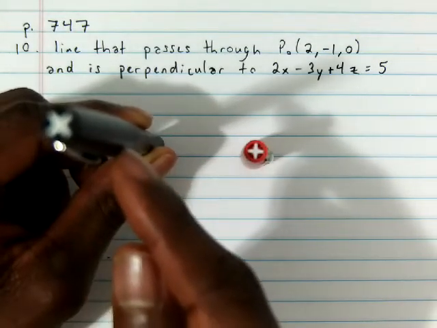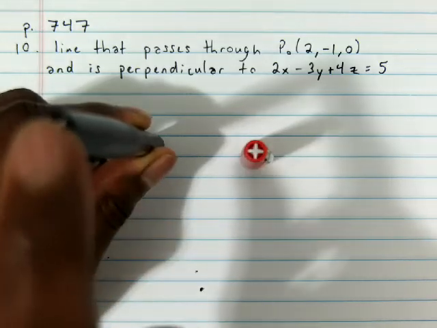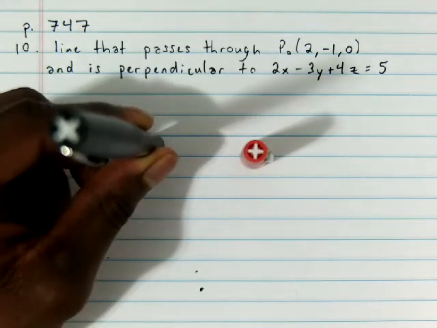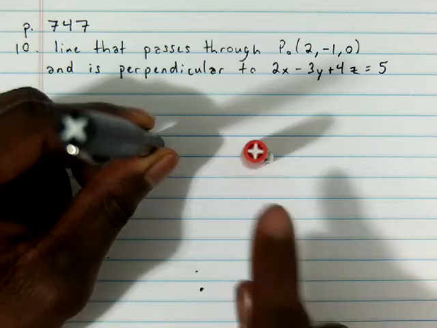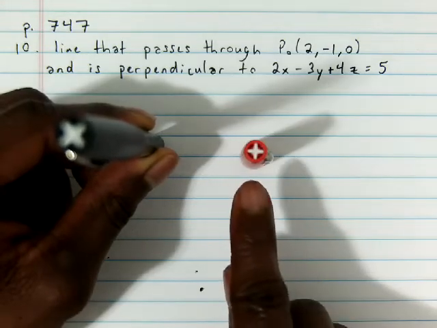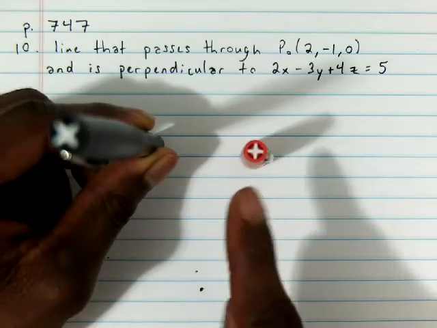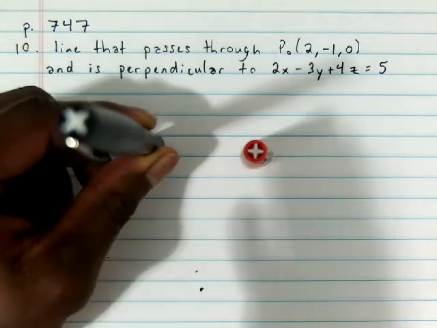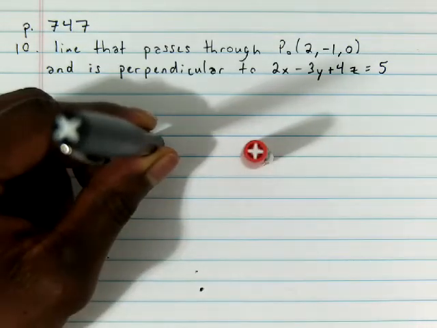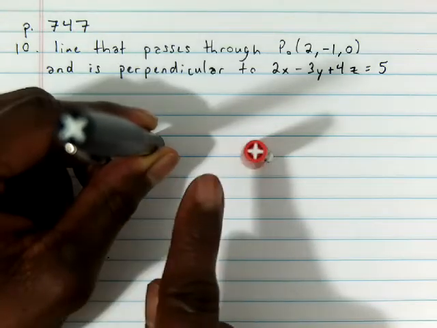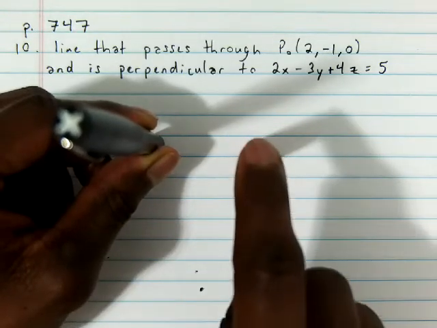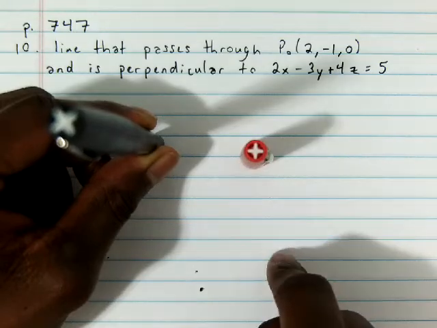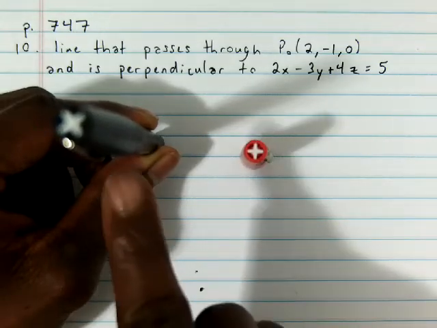I need a point on the marker, which is right here at the tip, and I need a vector that's parallel to the marker. Well, I can use this normal vector right here. This vector that's normal to the plane is parallel to the marker, because our line is perpendicular to the plane. So these two things are parallel to one another. I'm going to use this, which is N for the plane, as L for our line.